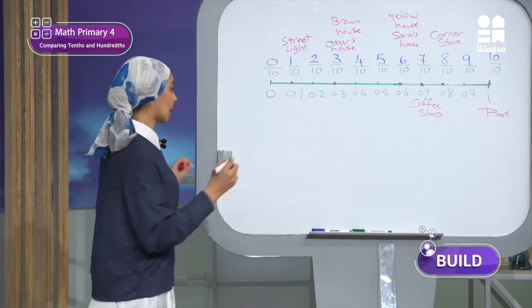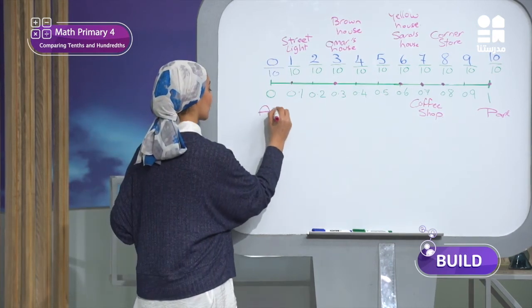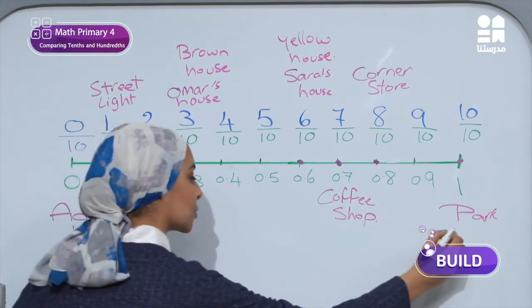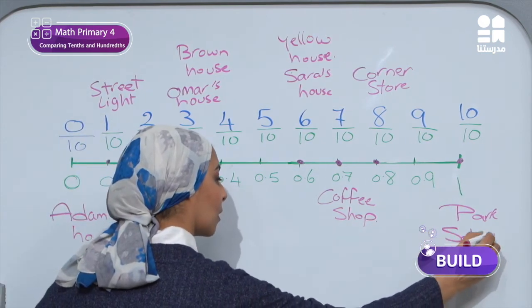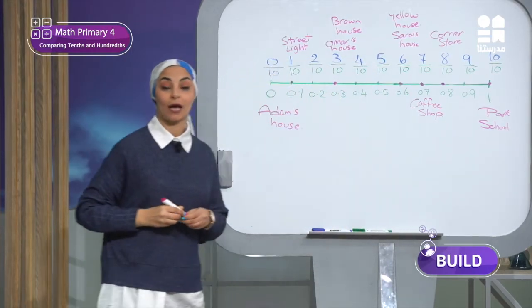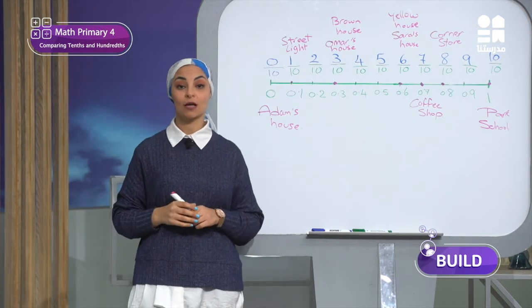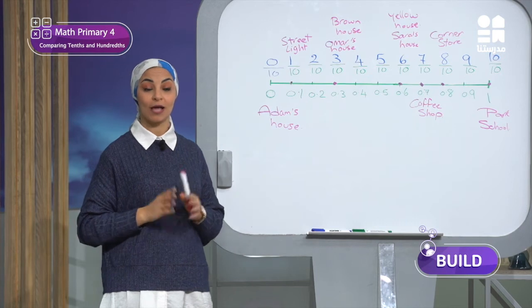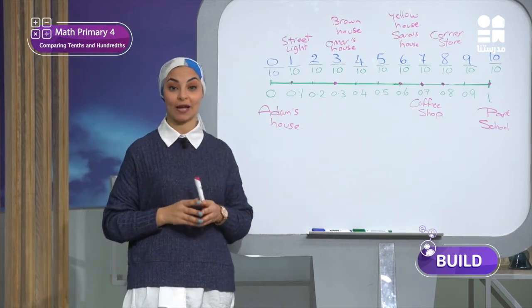طيب قبل ما أبدأ عايزة أفكركم بحاجة. In this point is Adam's house and this point his school. Okay, and now the first question asked us about the furthest house from Adam's house. أبعد house للhouse بتاع آدم.